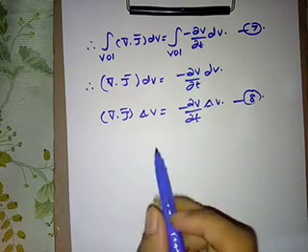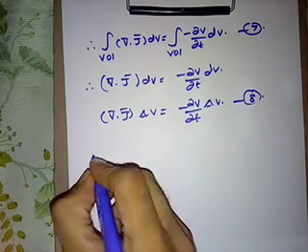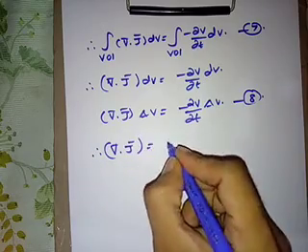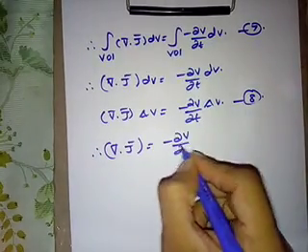Delta v and delta v will cancel, so we get del dot j bar equal to minus dou rho v by dou t.